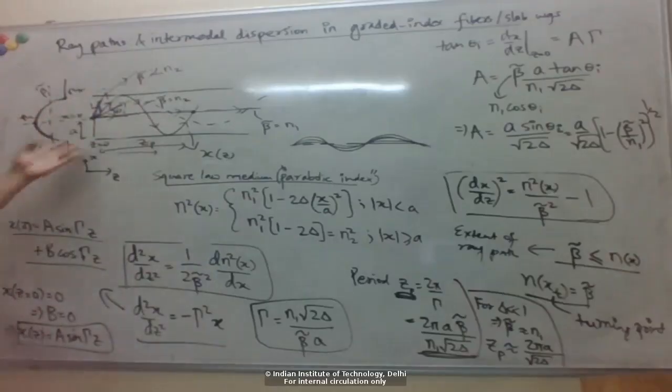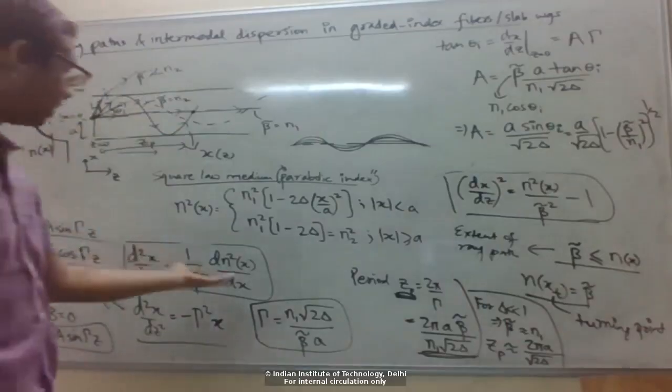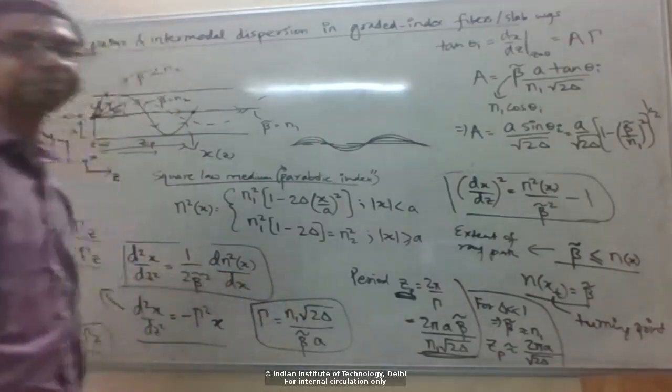So basically, the only degree of freedom here is the initial launch angle, which determines the amplitude of the ray. All the others are just constants of the medium.